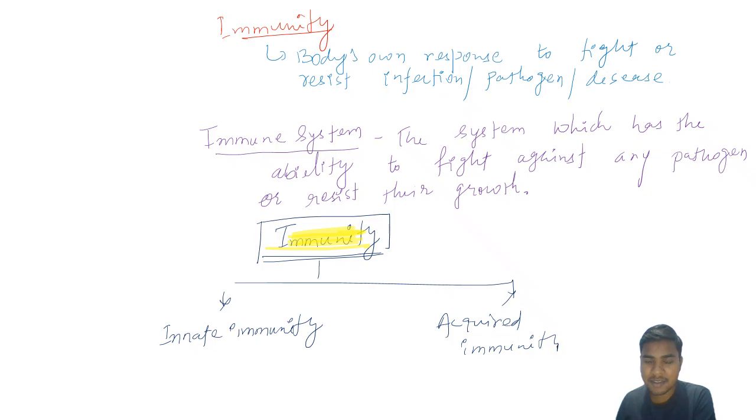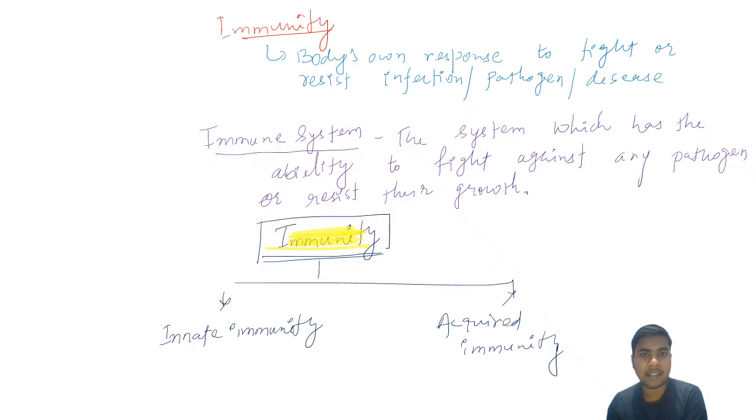Now let's look at innate immunity and acquired immunity collectively. What is acquired immunity, what is innate immunity, and why is the immune system categorized into these different types? Innate immunity is present from birth.